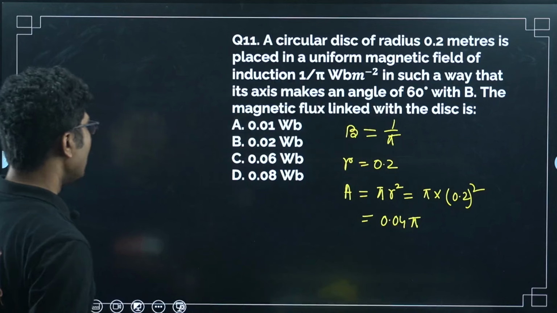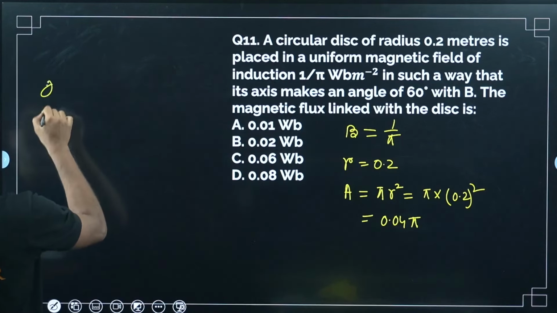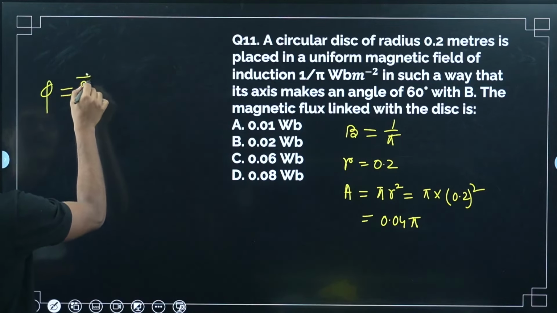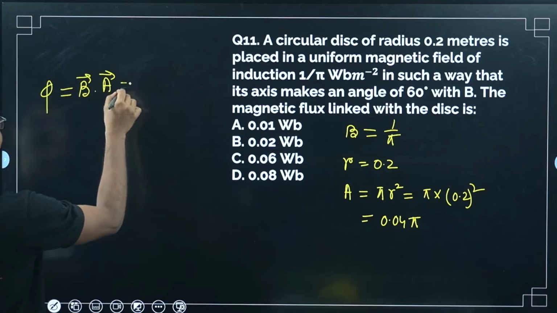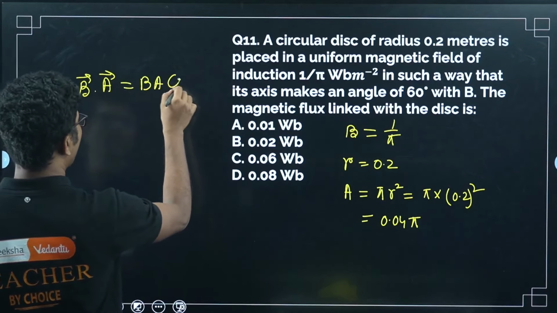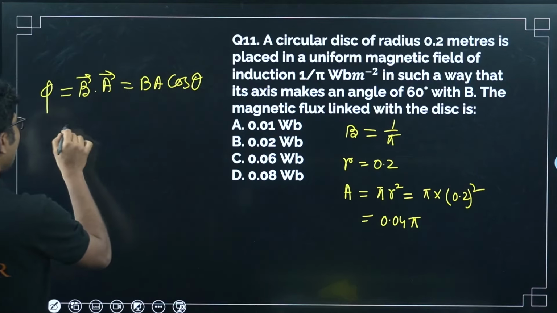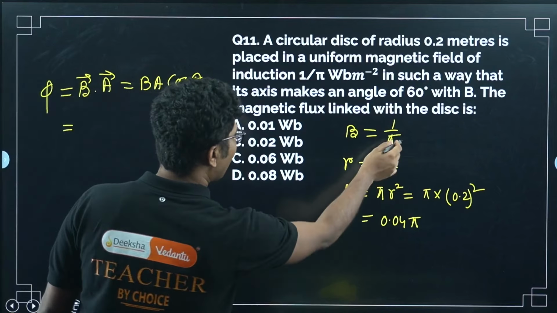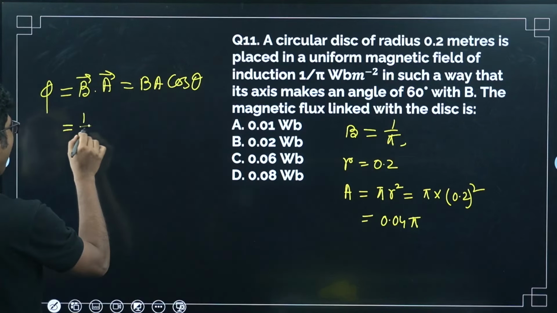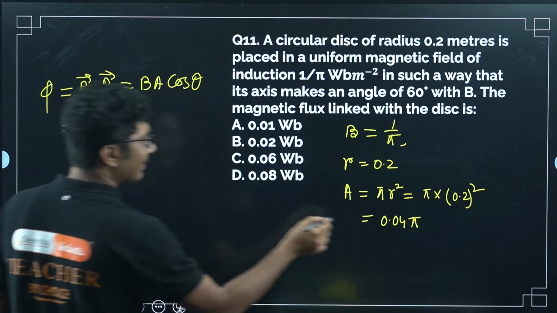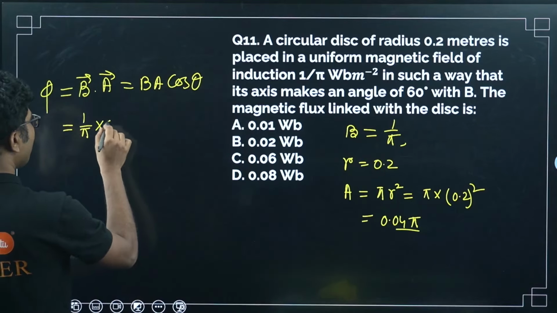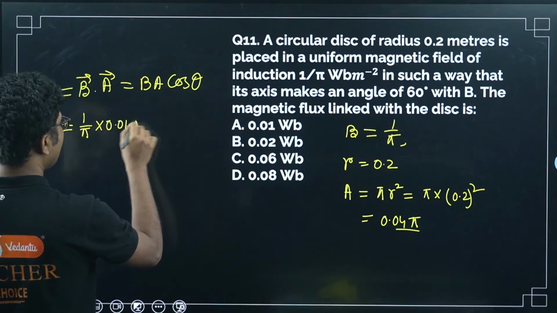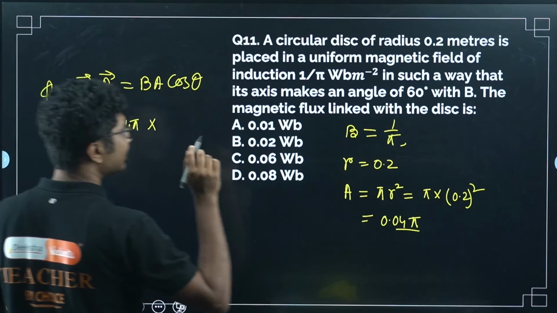This is the area. Now we know that flux is basically B dot A, that is BA cos theta. So here B is given 1 by pi, A we have calculated 0.04 pi, okay, and cos theta is cos 60.